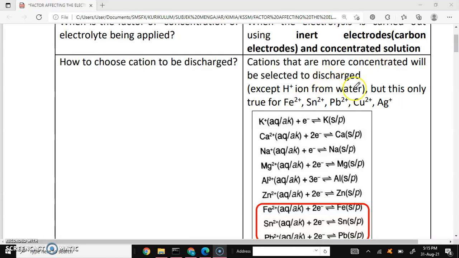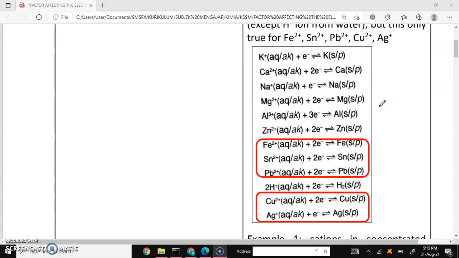But this rule is only true for iron ion, tin ion, lead ion, copper ion and silver ion only. Maksudnya di sini hanya ion yang saya kotakkan dalam kotak merah ini sahaja yang boleh kita pilih jika larutan electrolyte yang digunakan itu adalah larutan yang pekat.